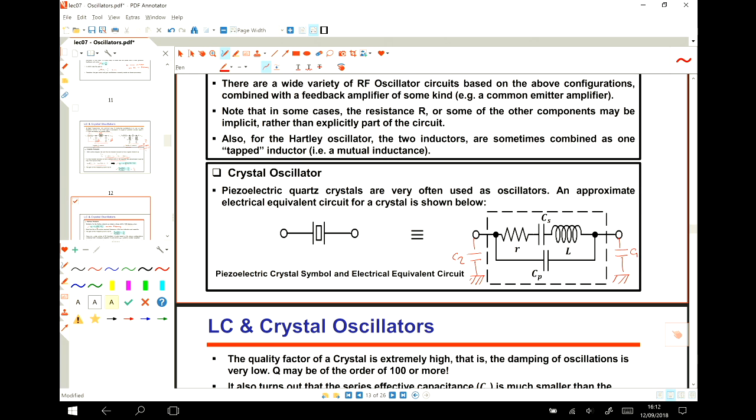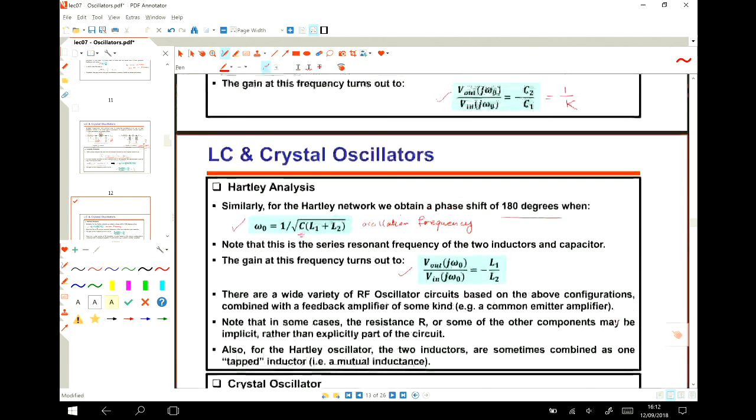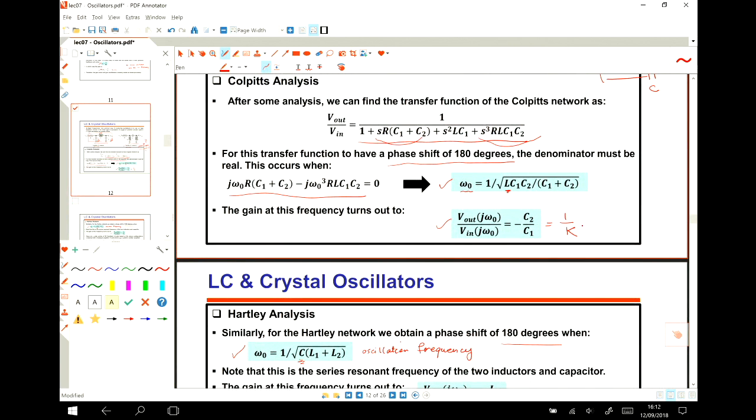Okay. So if the gain of your amplifier is 1, like the one that you've seen in the lab, then you can simply select these C2 and C1 similar, and then the system is oscillating, because if K is equal to 1, then C2 and C1 should be similar.